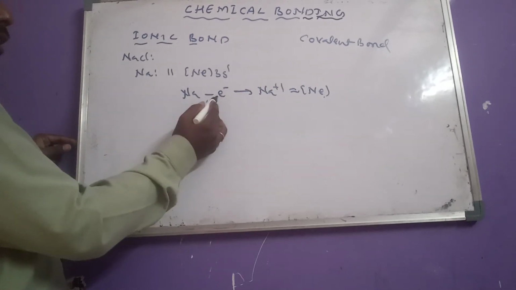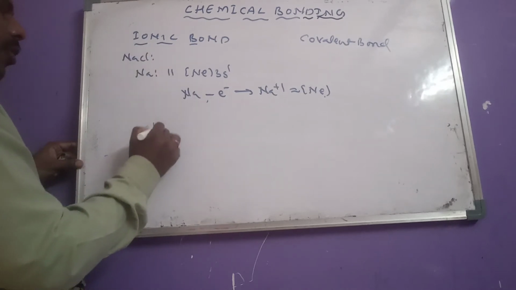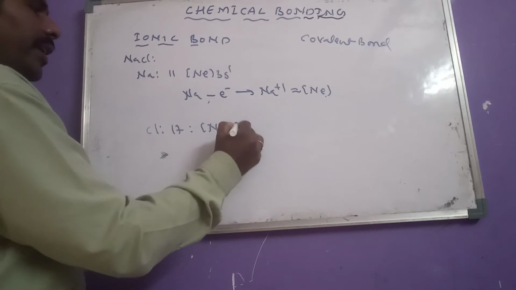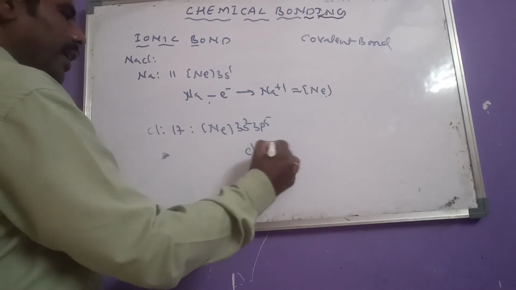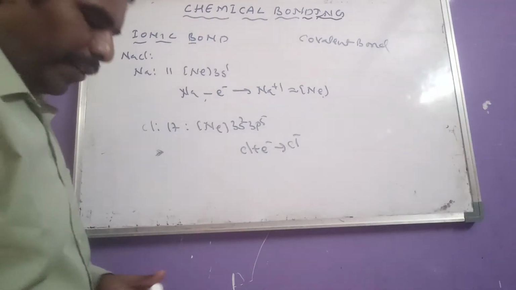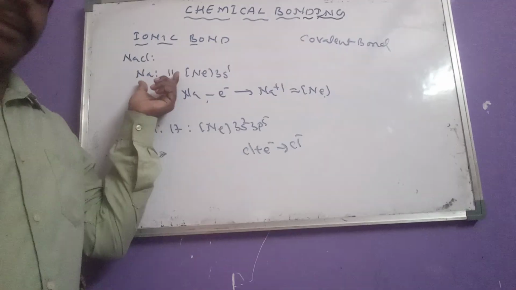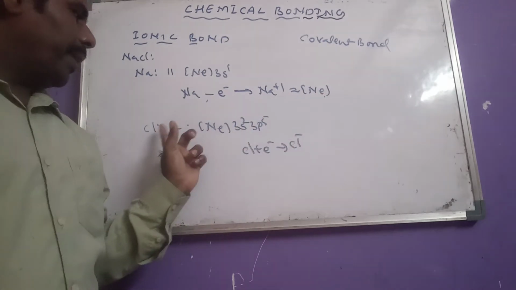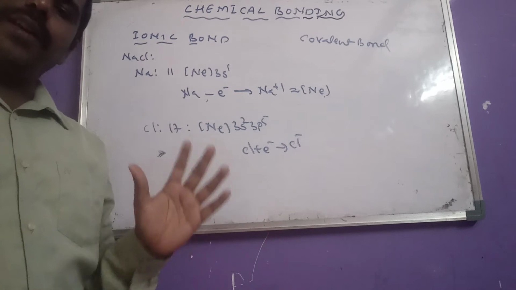The electron lost by the sodium is now gained by the chlorine, and chlorine atomic number 17, its configuration neon 3s2 3p5. So by gaining one electron, chlorine gets into which configuration? Argon configuration. So by losing one electron, sodium got stable octet configuration. By gaining one electron, chlorine also got stable octet configuration.